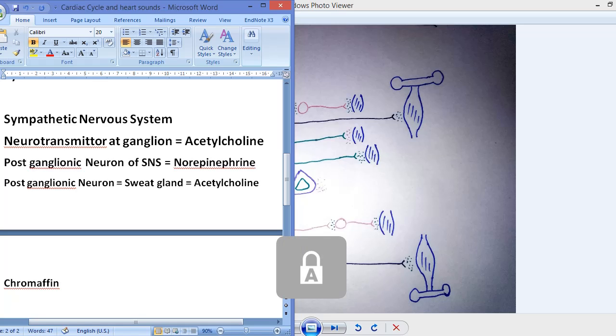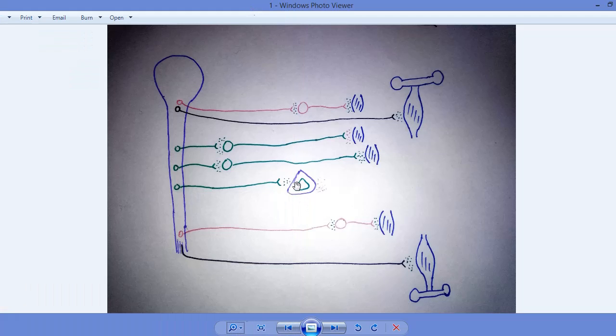Chromaffin cells. The chromaffin cells in the adrenal medulla make a ganglion with what? With the presynaptic neuron, or the preganglionic neuron, of the sympathetic nervous system.